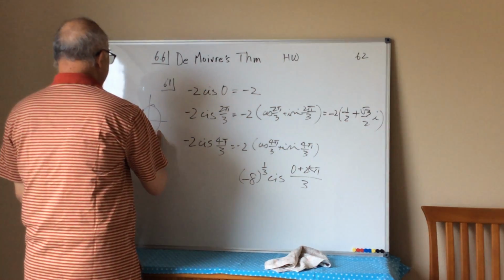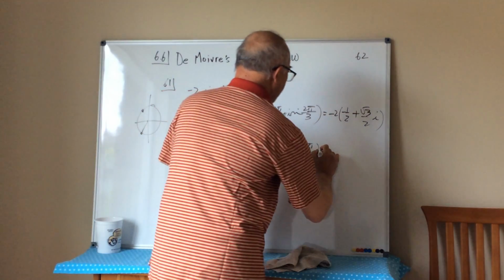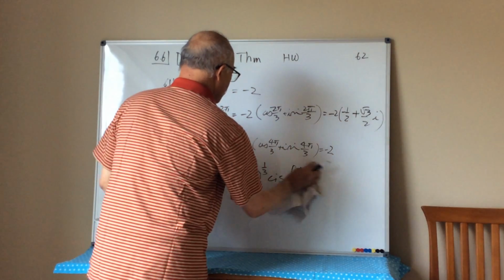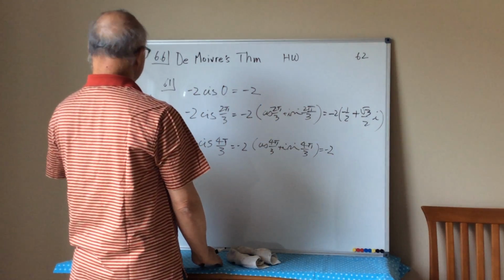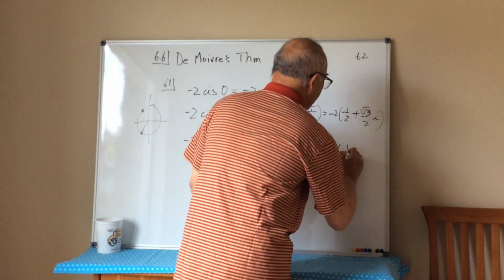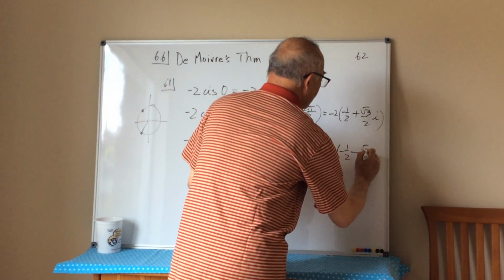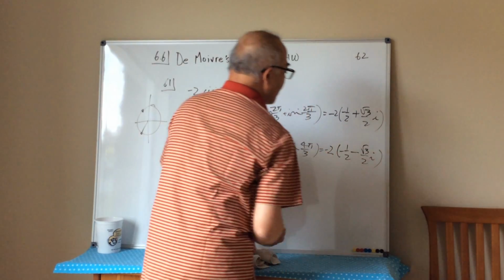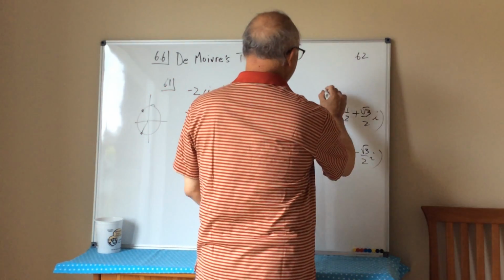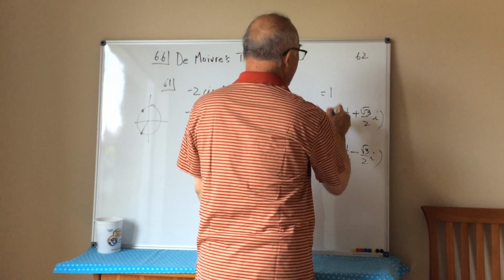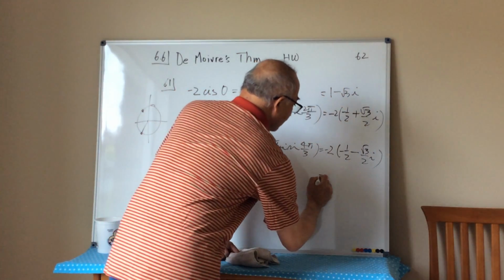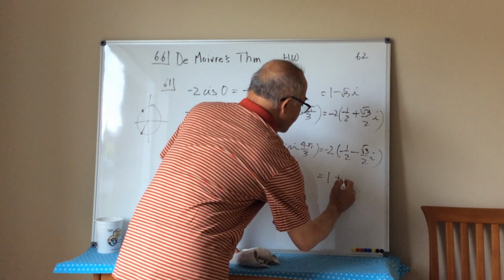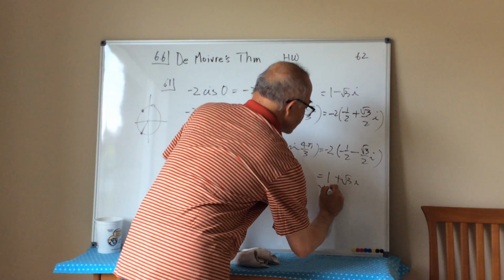The cosine value is negative 1 half, and the sine is negative root 3 over 2 i. So if I work this out, I get 1 minus root 3 i here, and over here is 1 plus root 3 i.